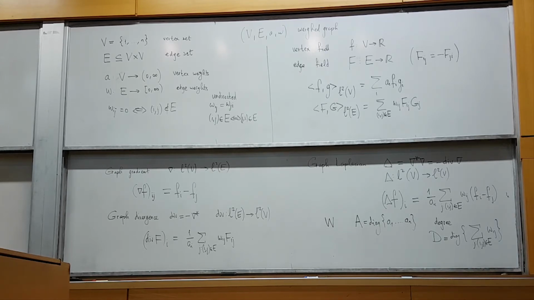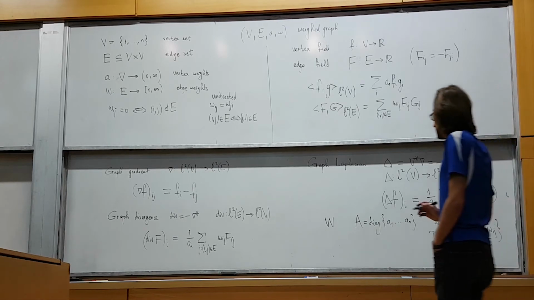Basically, this is the degree matrix. It's a diagonal matrix with the vertex degrees on the diagonal. We can write the Laplacian.